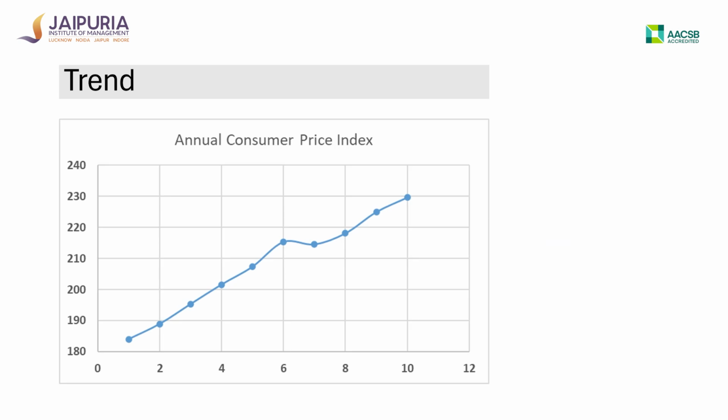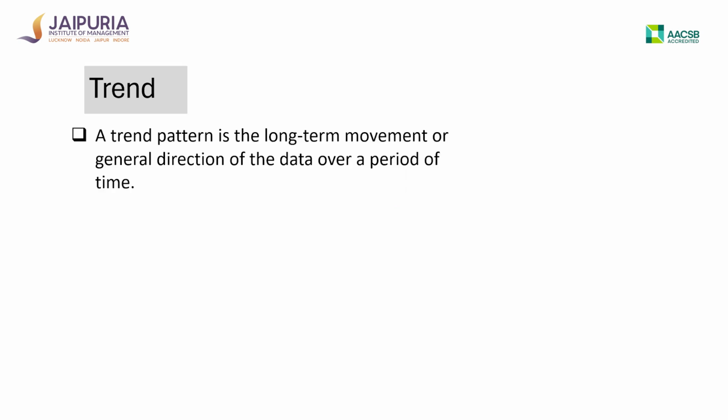Look at this graph which shows the annual consumer price index, which is increasing as time is increasing. Year by year it is increasing. We see that the dominant factor here is time, expressed in terms of years. So there's no cyclicity here, no periodic repetition. The trend is a pattern in the long term movement or general direction of the data over a period of time.